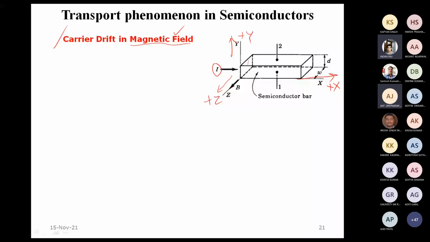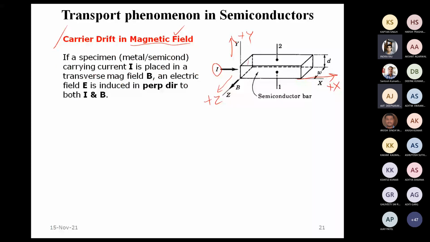Suppose we put this specimen in a magnetic field in the positive Z direction, and the current is flowing in the positive X direction. Then the charge carriers, whatever they are here, are going to experience a force in the negative Y direction.